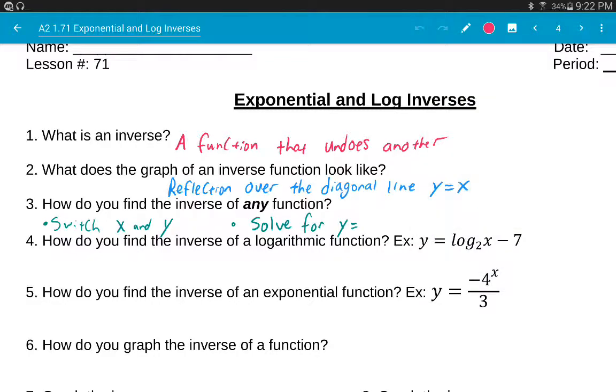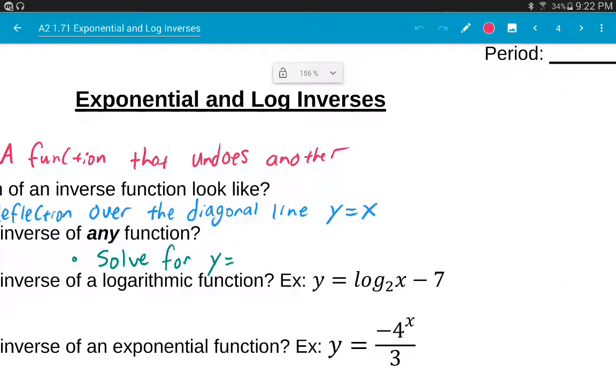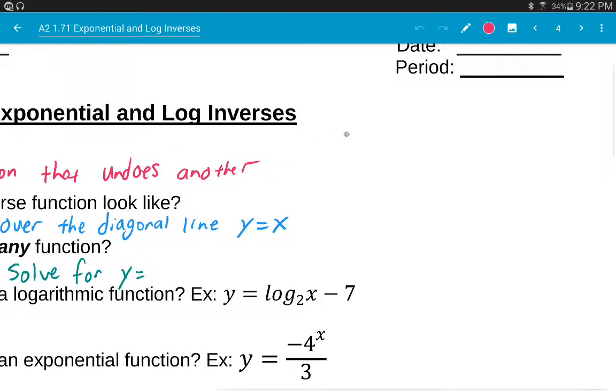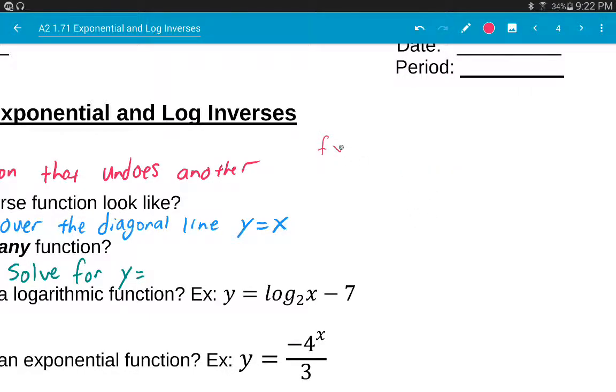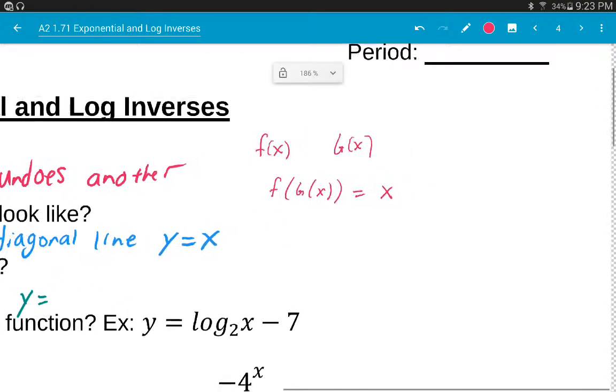What is an inverse? An inverse is a function that undoes another. So what that means in technical terms is that if we had two functions, f of x and g of x, two different functions, and I compose them, f of g of x, that would become just x, if these two were indeed inverses.